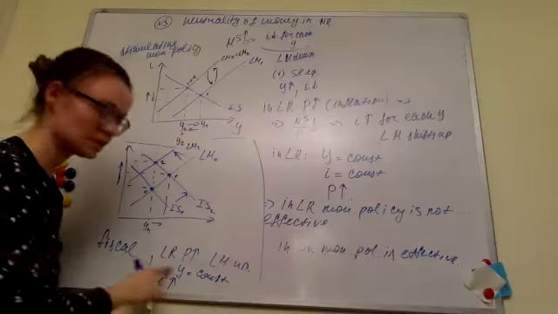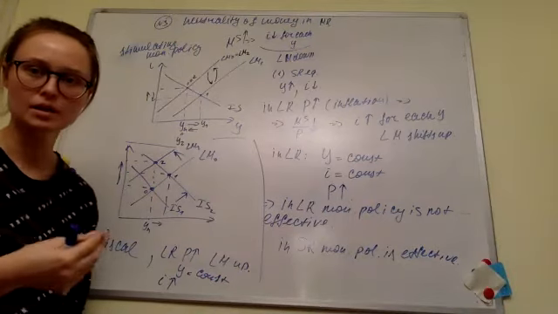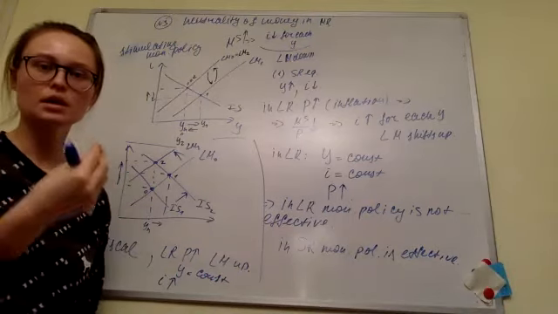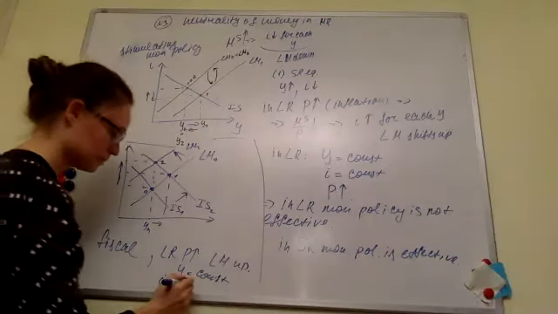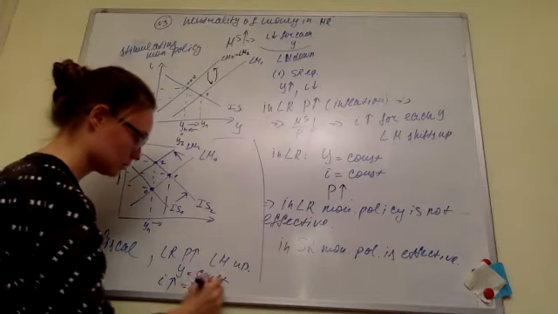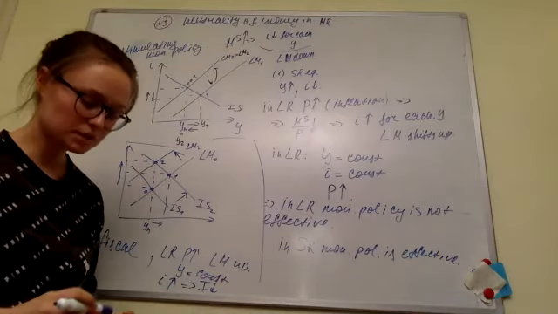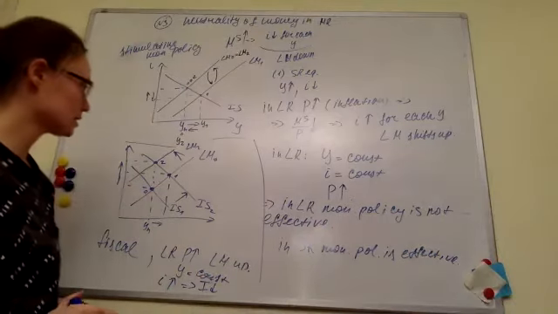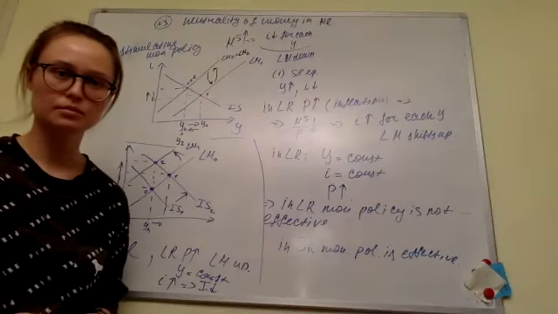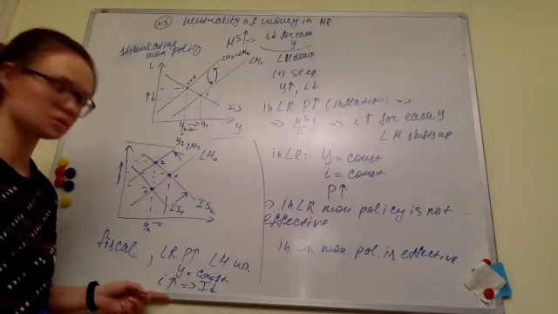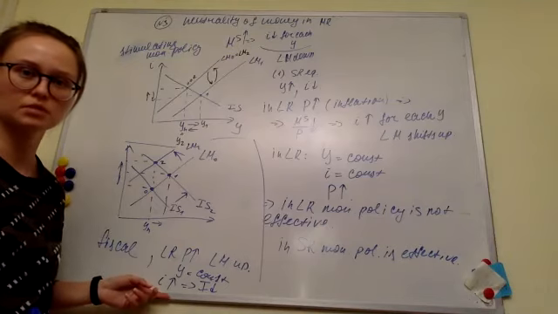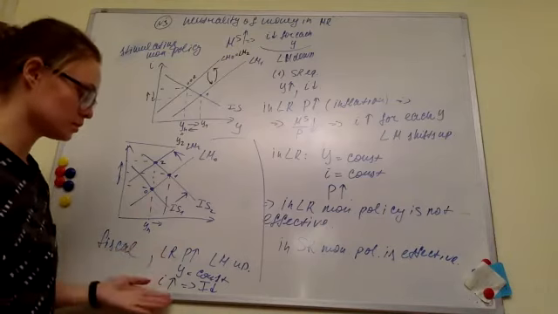If interest rate is changing even in the long run, this is an effect on investments, yes? So here investments will go down. That's why we cannot say that fiscal policy is neutral. It changes a real variable. It changes interest rate, even in the long run. So fiscal policy is not neutral.